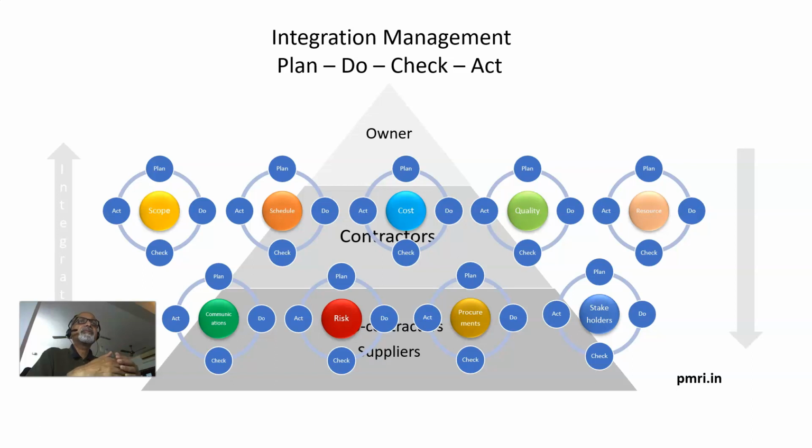And during execution, this integration happens continuously, because if there is a change in a subcontractor's plan, that must be reflected in the main contractor's plan. And so is the case if there is a change in the main contractor's plan, that must be reflected in the subcontractors' and the suppliers' plans. So this bottom-up integration as well as top-down integration must happen continuously. And the integration happens across teams as well.